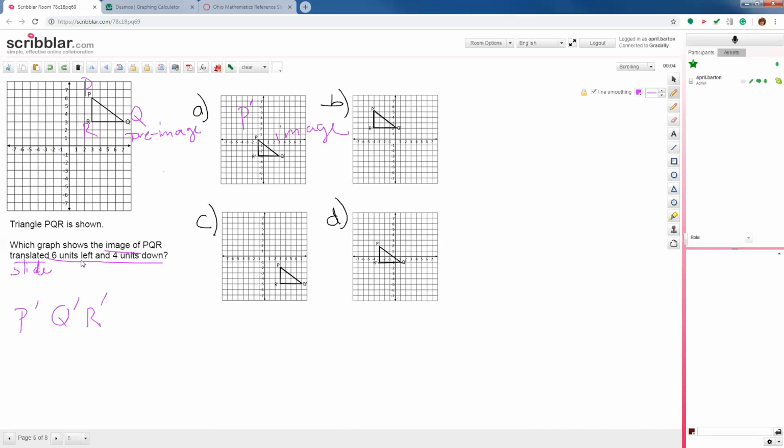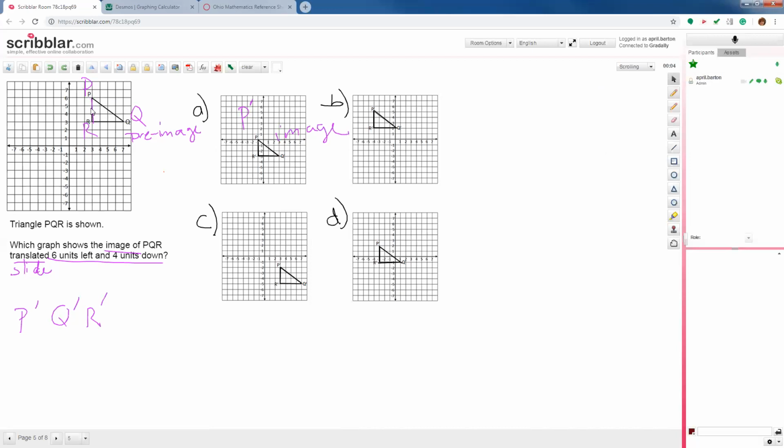So if we're going 6 units left and 4 units down, you can think of it as the whole shape and try and move the whole shape that amount. Let me show you with a line. If I went from P to R and had this line, I could think of, no, come on. The whiteboard's not doing what I want it to really quick. There we go.